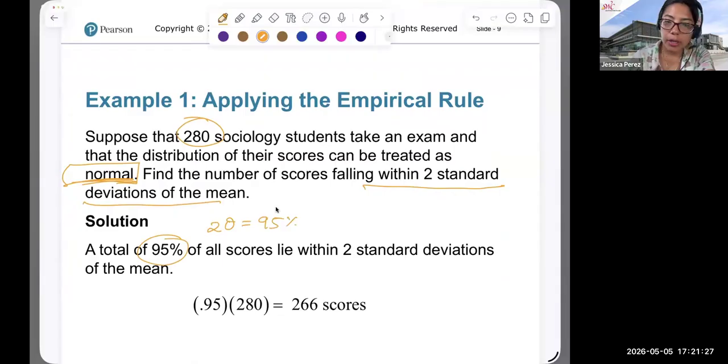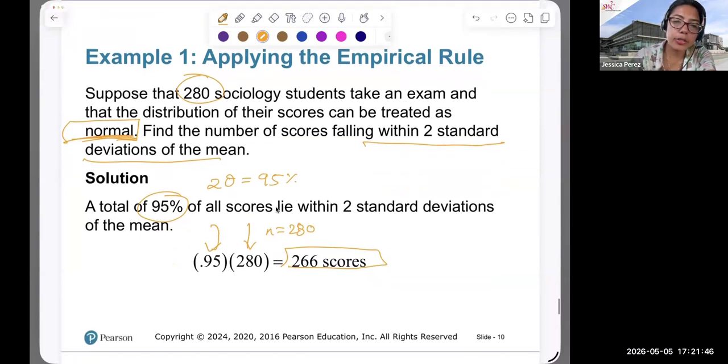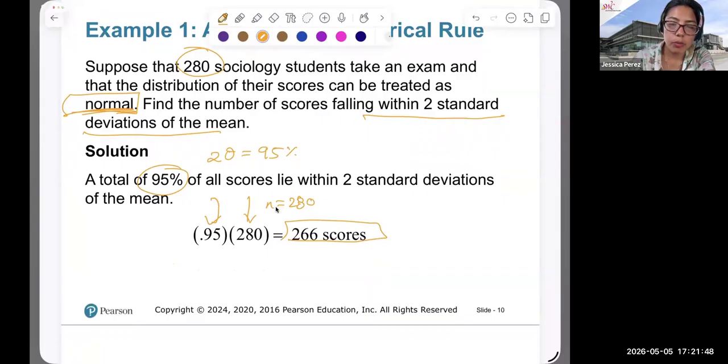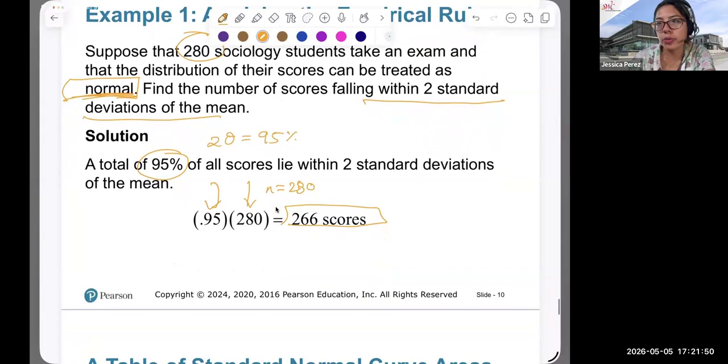To find how many scores, we're going to take 95% of n, which is 280. That's going to give us roughly 266 scores within 2 standard deviations of the mean. So 266 scores will lie within 2 standard deviations of the mean.